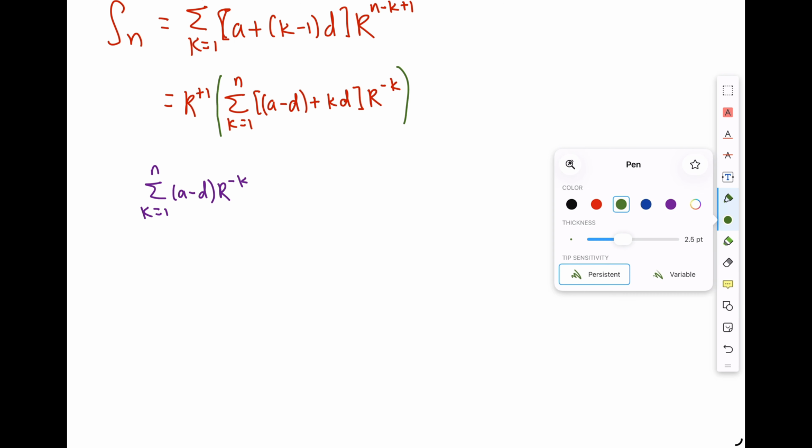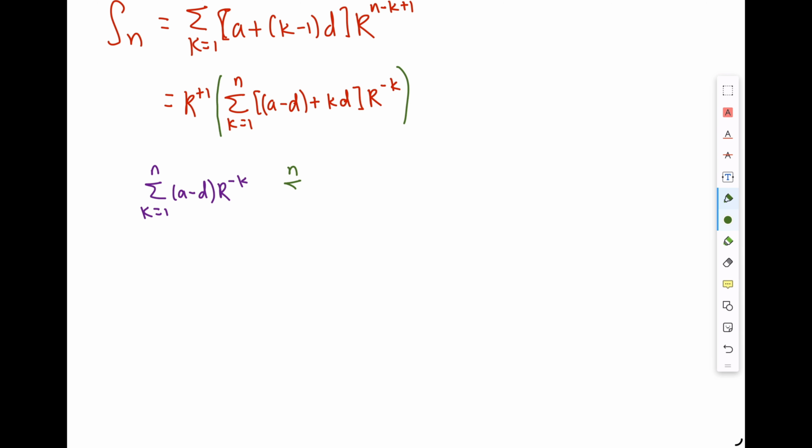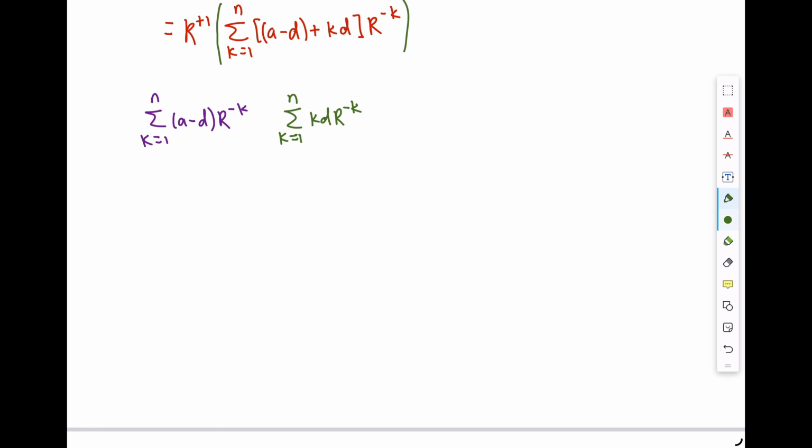And then I also have this term, kD times R to the power minus k. The first term, we recognize that this is going to be a GP. Why?